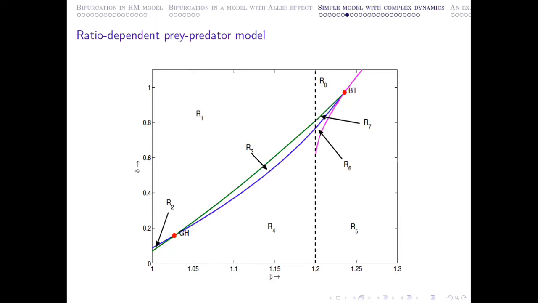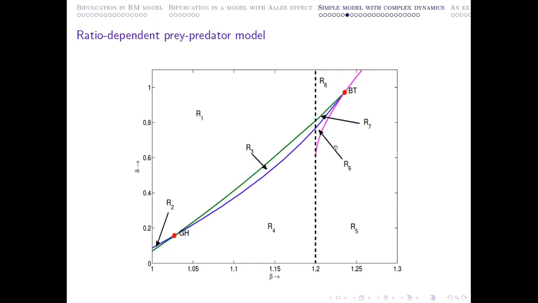Rather, there is an implicit expression, and by some numerical technique we have plotted this curve in order to have this schematic bifurcation diagram. But I can show you how the dynamics of the system changes if we take parameter values from different domains, which is shown here.